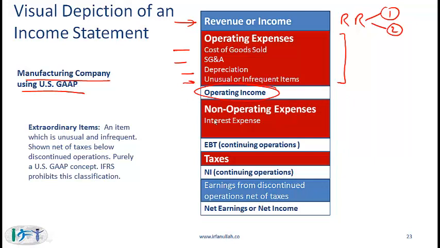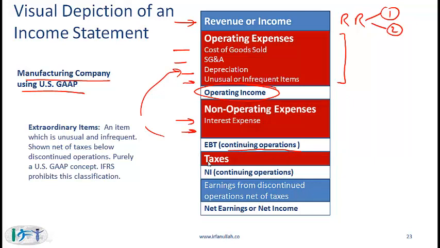Then we subtract non-operating expenses. For a manufacturing firm, interest expense would be a classic non-operating expense. We subtract non-operating expenses and come up with EBT. This is earnings before tax for continuing operations.